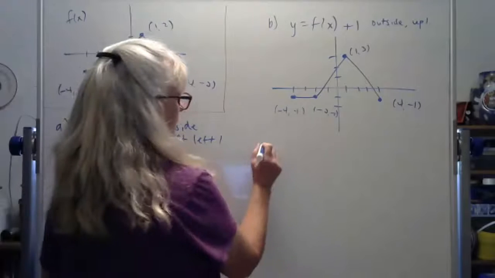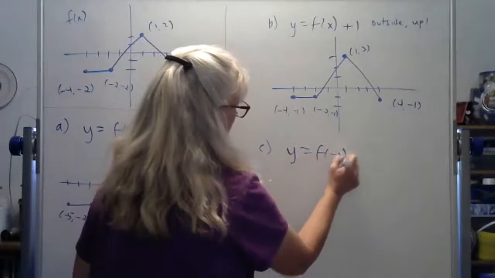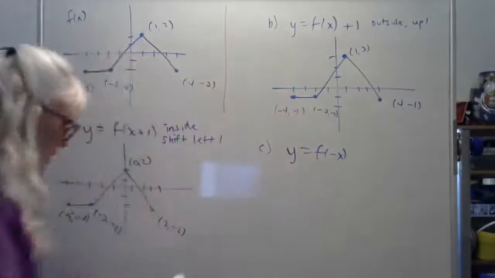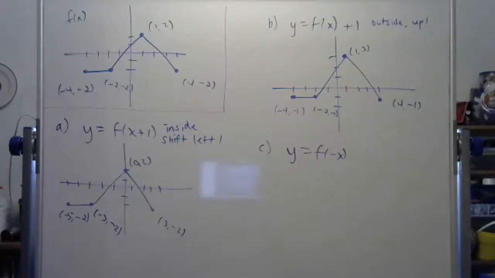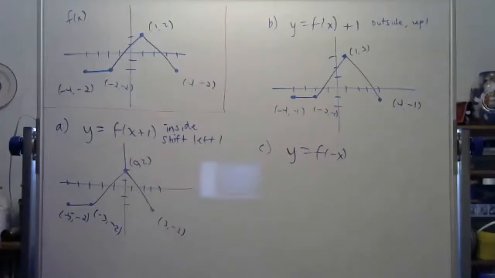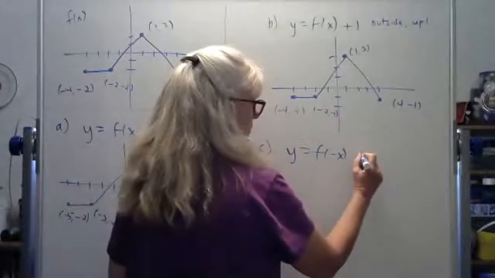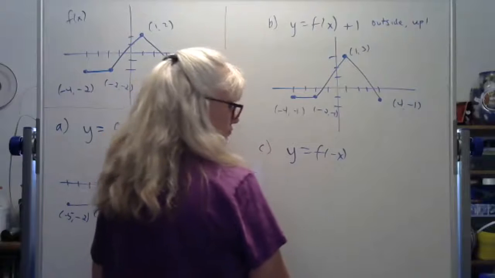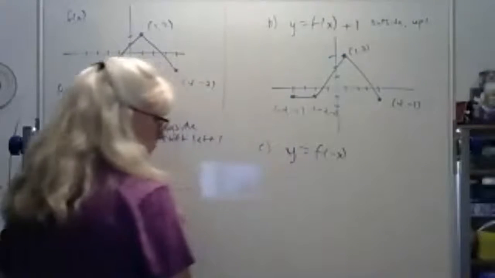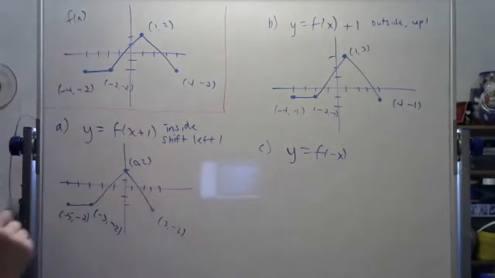Okay, let's do a reflection. So part C. Let's do y equals f of -x. So f of -x. So is that negative on the inside or the outside? Inside.